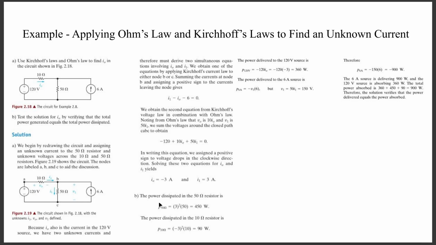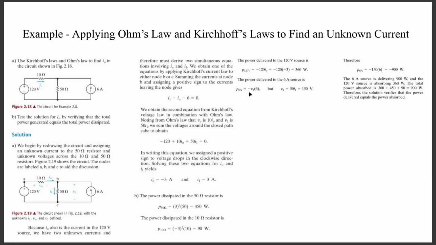B. The power dissipated in the 50 ohm resistor is equal to 3 squared times 50, or 450 watts. The power dissipated in the 10 ohm resistor is negative 3 squared times 10, which is equal to 90 watts. Power delivered to the 120 volt source is negative 120 I naught, which is negative 120 times negative 3, equal to 360 watts.